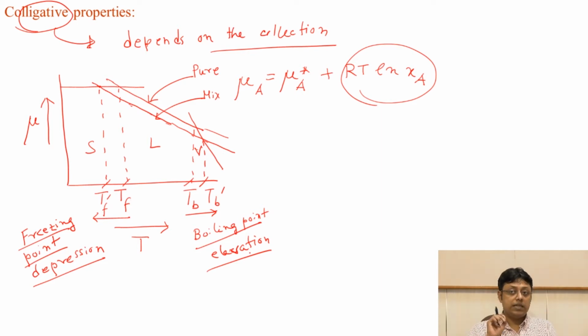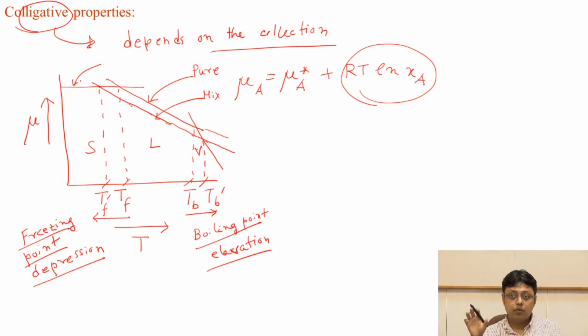Now you might ask, what about the solid curve? Because we are only considering the change in the chemical potential of the liquid. We did not consider how the solid behaves, from pure to the mixture. Here, the assumption is that when the liquid forms the solid, the solute separates out.